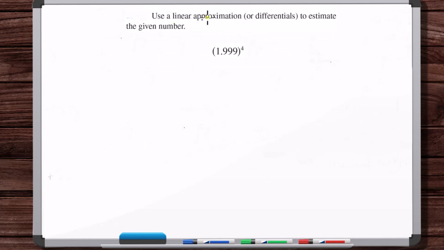Okay, use a linear approximation or differentials to estimate the given number. How do we do this? Well, our f of x, we're going to say is x to the 4th. That's our function. And we're going to find the linearization of this at x is equal to 2.